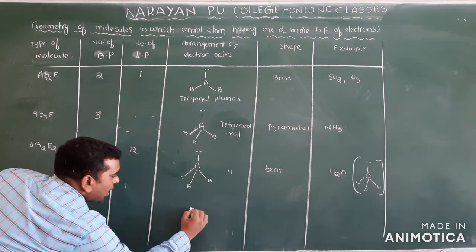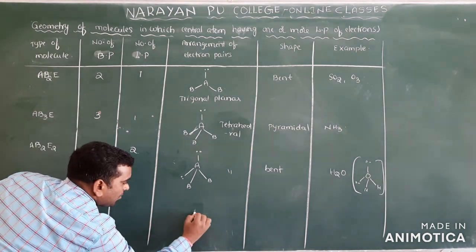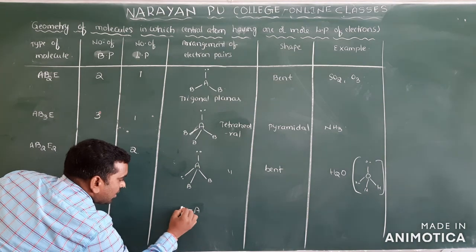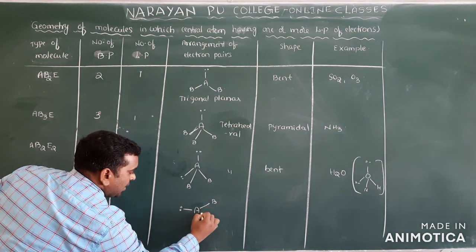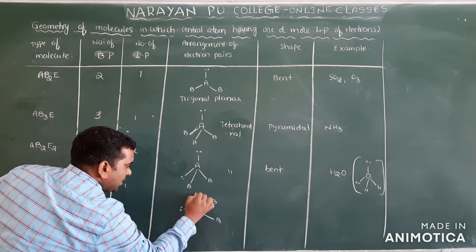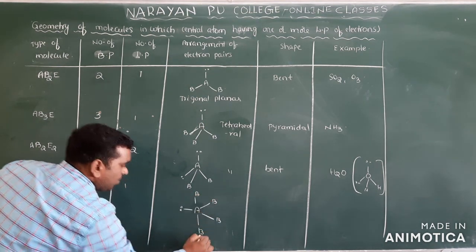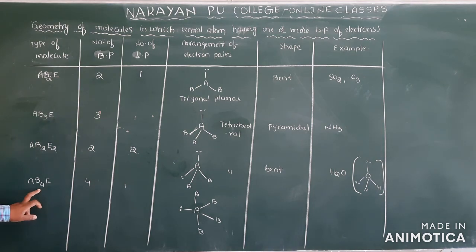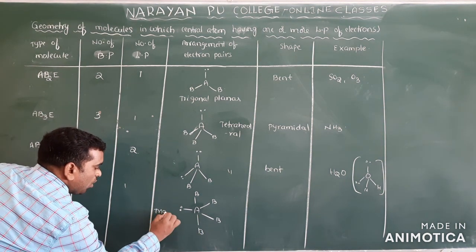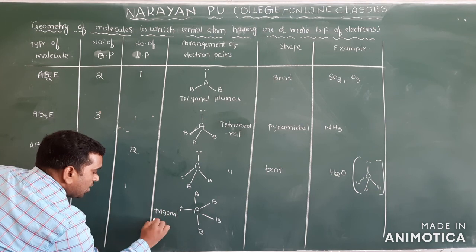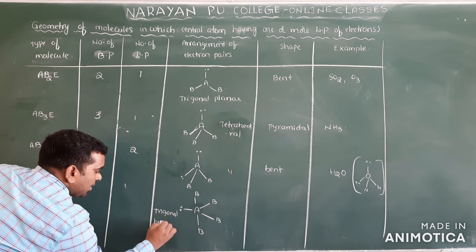This is the central atom, and here there will be one lone pair, and the remaining I will write B, B, B and B. So what is the geometry of this arrangement? You already know, it is trigonal bipyramidal.